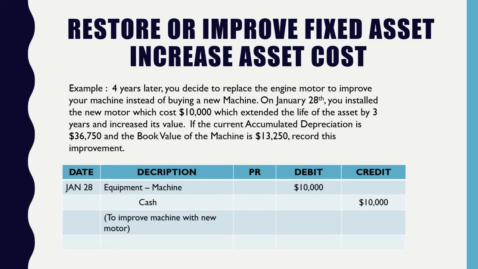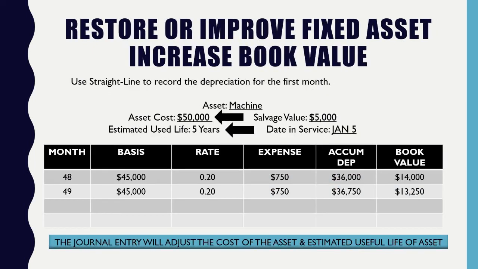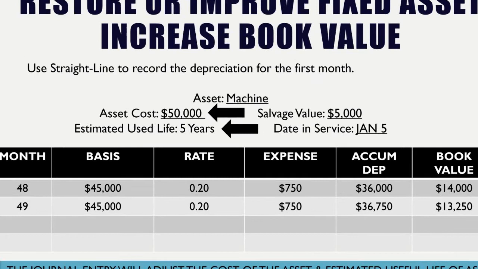What happens when I do that? Unfortunately, this is what's going to happen. Since my depreciation is currently straight line, recorded at $50,000 with a useful life of 5 years, I have to replace those values because now my asset cost is $60,000.